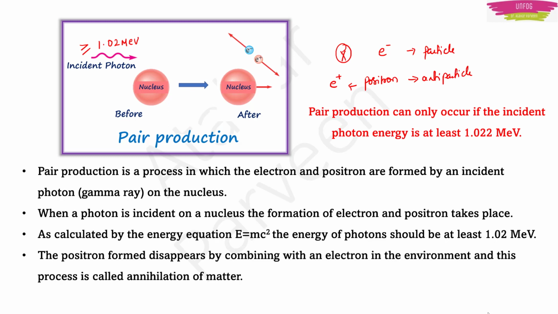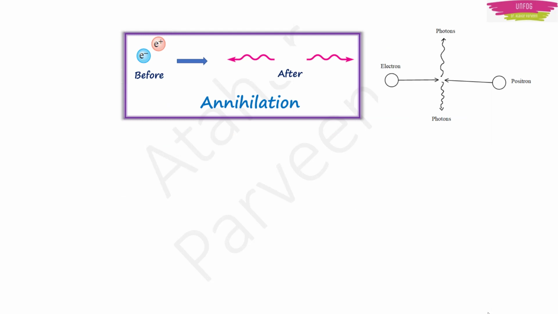Now let's see what annihilation of matter is. Basically it is the opposite of pair production. That positron will combine with some electron, one positive and one negative. It should give neutral only, right? This should get cancelled, so your result should be neutral, and neutral means photons or gamma rays.